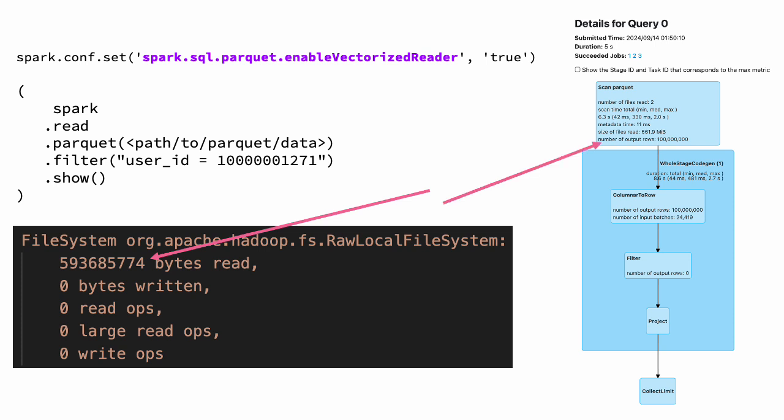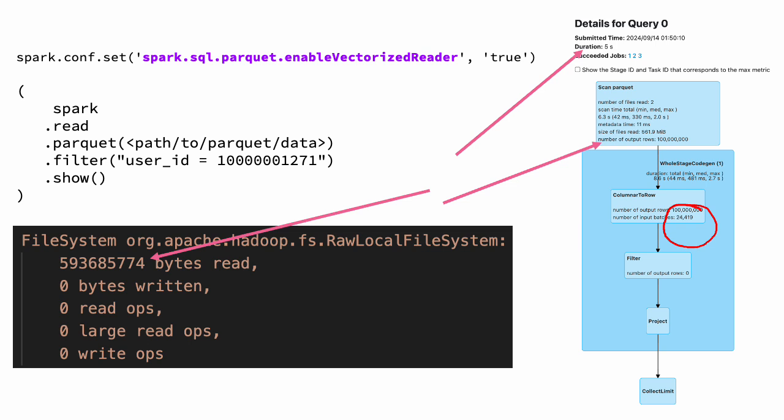However, the number of materialized rows also doesn't change, but the runtime reduces from 25 seconds to 5 seconds. And over here, you can also see that the number of input batches was about 24,000.